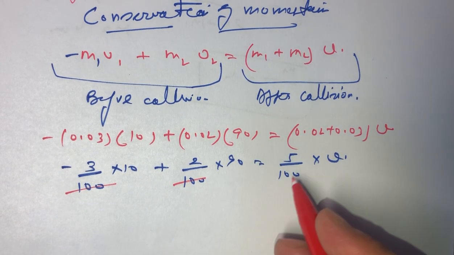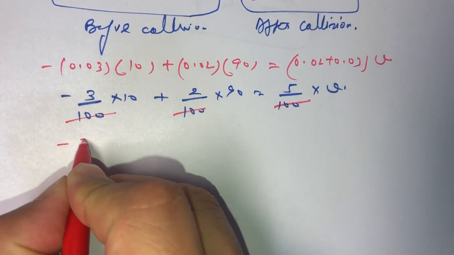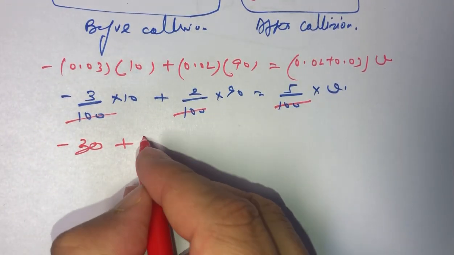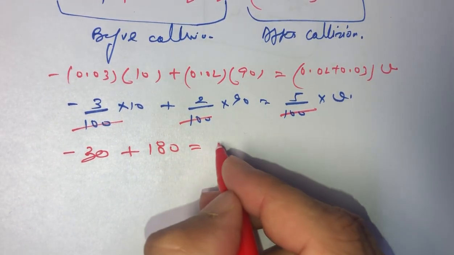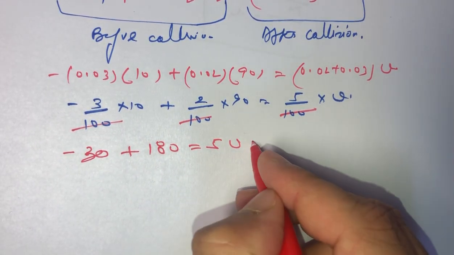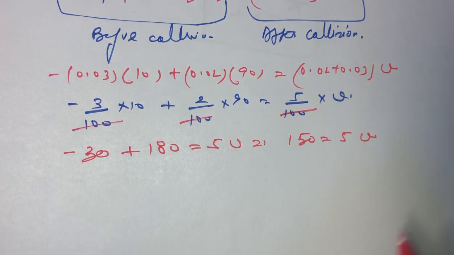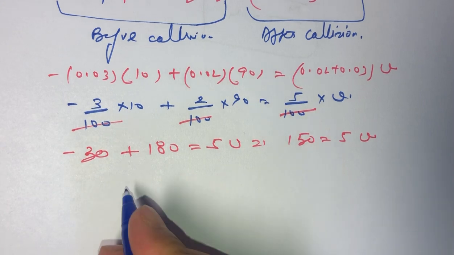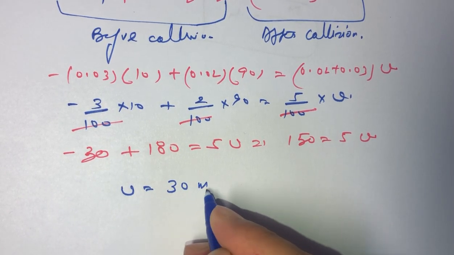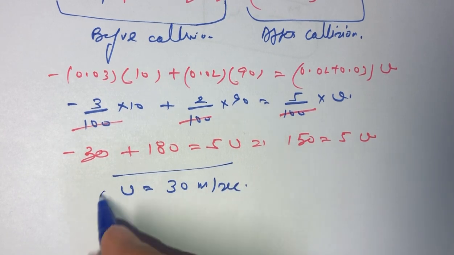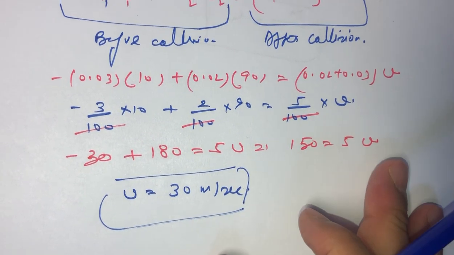So this 100 cancels throughout. We are left with minus of 30 plus 180 is equal to 5v, and this we can say is 150 is equal to 5v, or we can say the velocity of the system is 30 meter per second. So this is the combined velocity of m1 and m2.